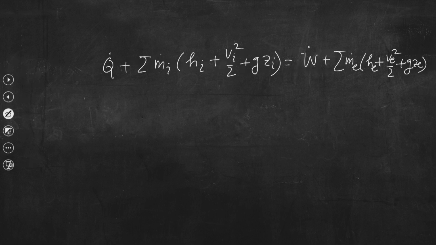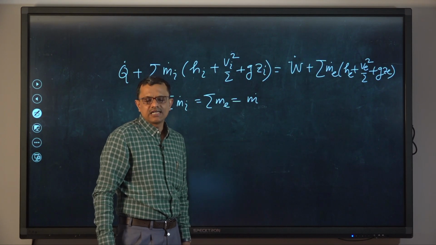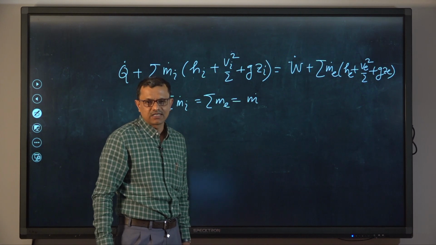So, this is the steady flow energy equation. We have only one inlet and one exit. So, we can assume that m dot i equals m dot e equals m dot. Okay. So, we can write these two equations. These two equations are applicable to describe the process that takes place across this compressor.